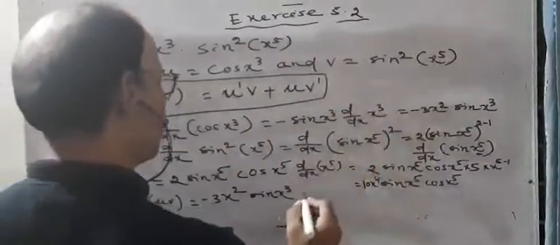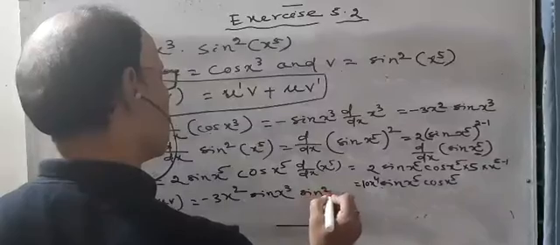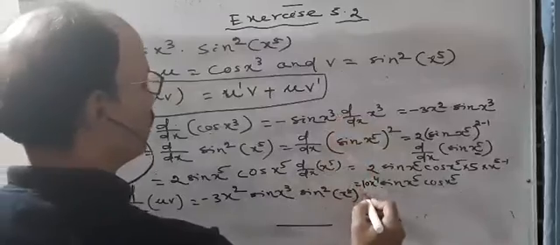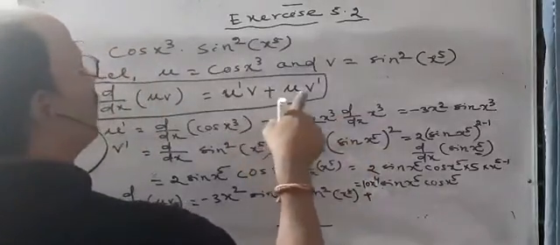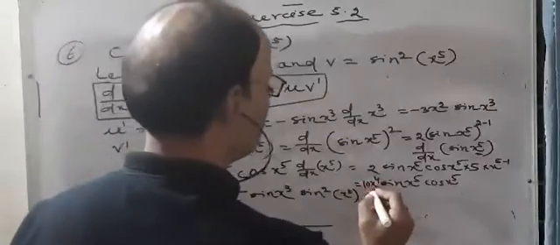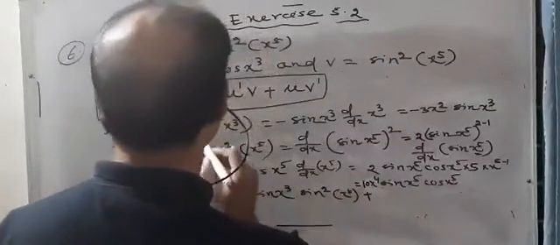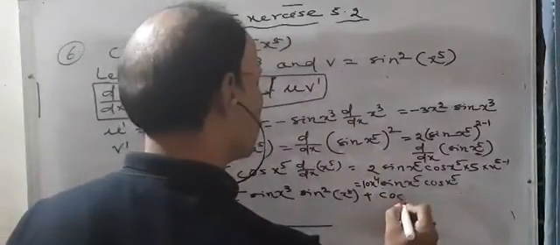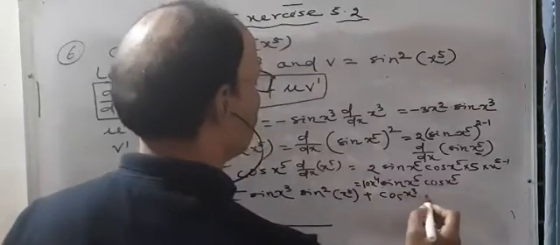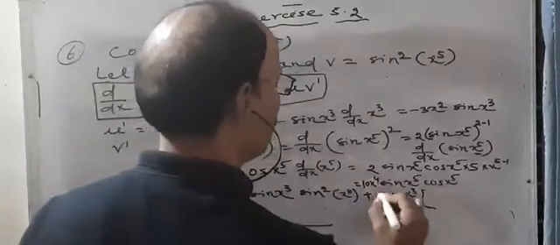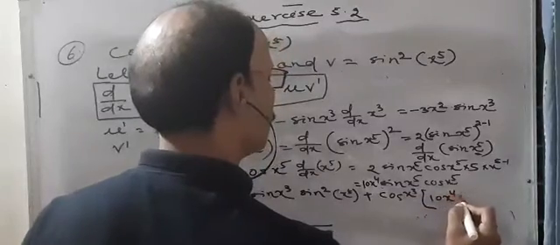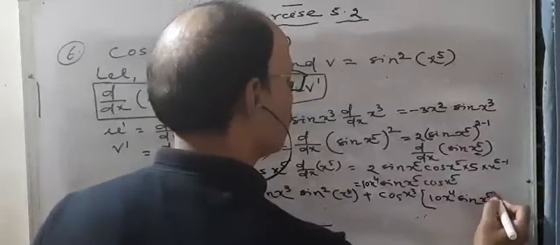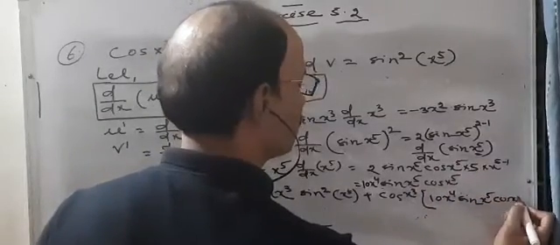Sin square x to the power 5. Okay, now next is plus u v dash. So u is cos x to the power 3, and their v dash is 10 x to the power 4 sin x to the power 5 cos x to the power 5.